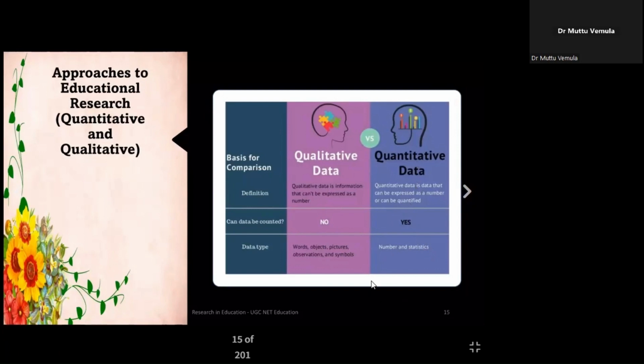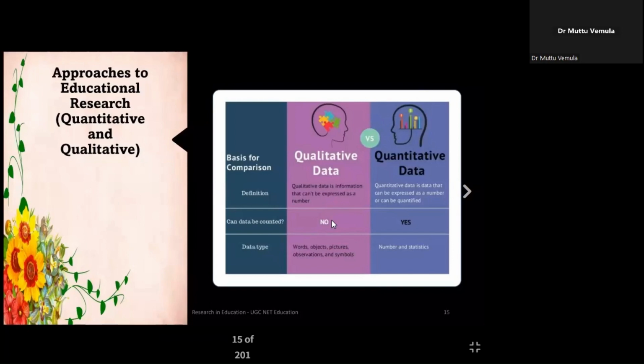Now, the question pertinent to our examination is what type of questions you can expect on this and how to answer them. So please listen carefully, you have to respond at this juncture and we will move ahead. The question is: which of the following belongs to qualitative data? Option A, marks are indicated. Option B, grades are shown.